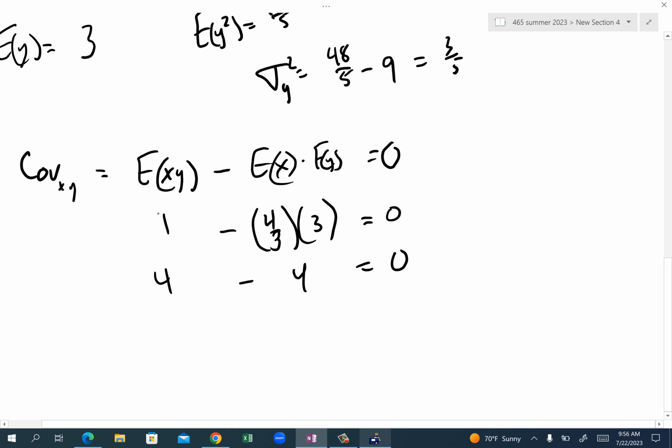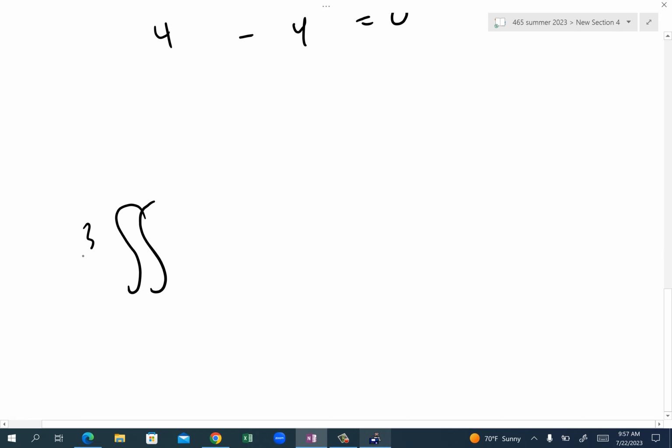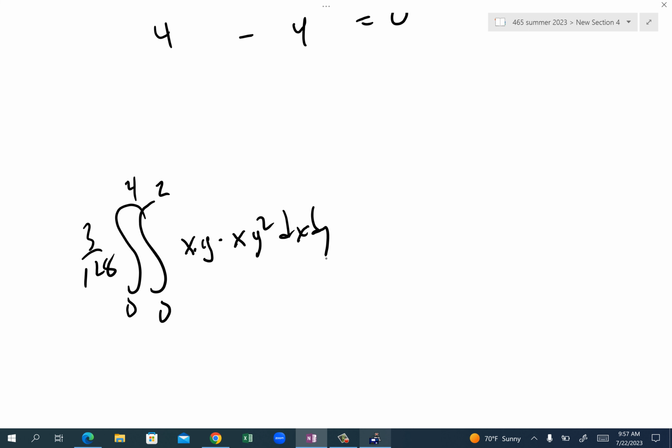Okay, so the expected value of x, y is just the integral of, just like that. Anytime you say expected value, could I find the expected value of 7? Well, it's 7. But yes, you could totally do that because you just throw a 7 in front of it. Or what's the expected value of j? Oh, it's j. How do you know that? Well, you throw it in there. It's a constant.